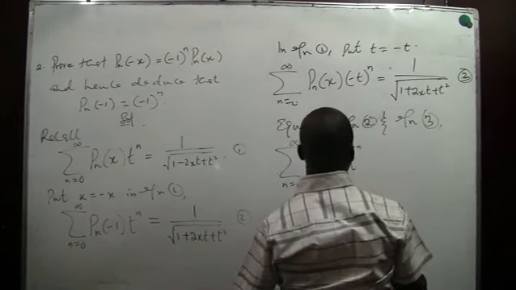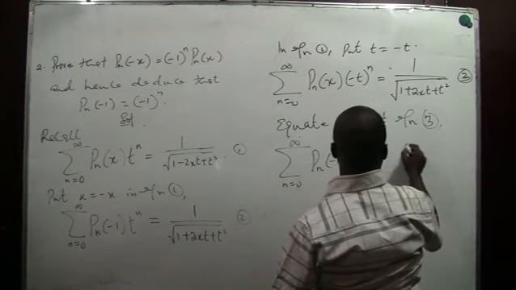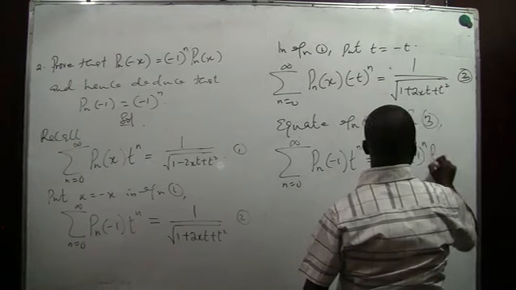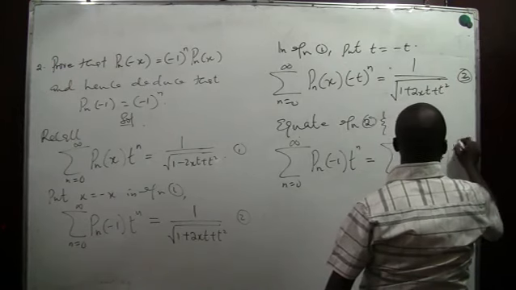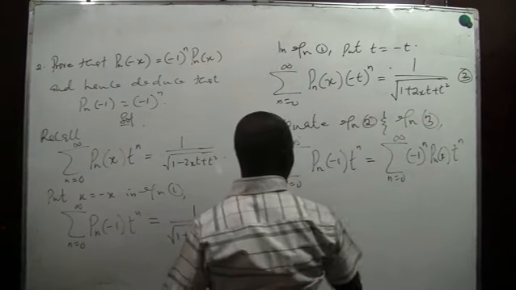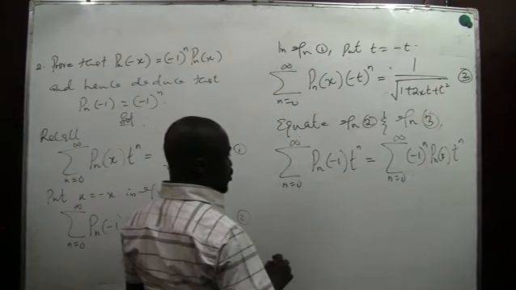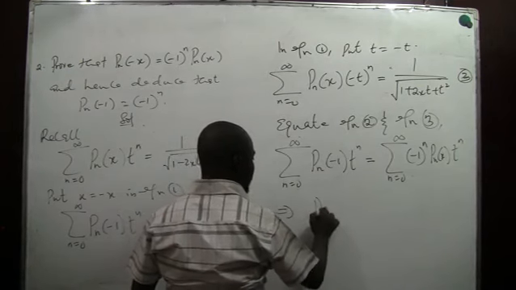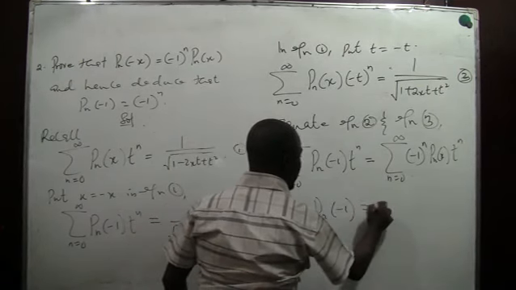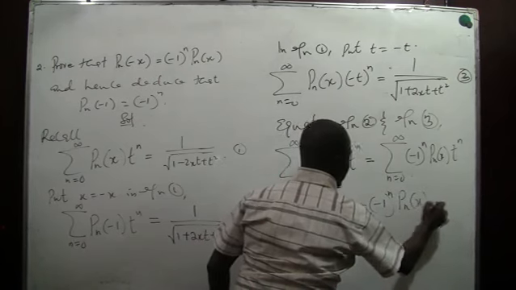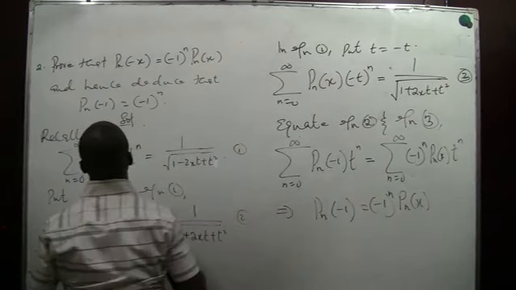Apply the law of indices here. We will have summation minus 1 raised power n Pn of x t raised power n from 0 to infinity. Equate the coefficient of t raised power n. This implies that Pn of minus x equals minus 1 raised power n Pn of x. And that is the first part of the problem.